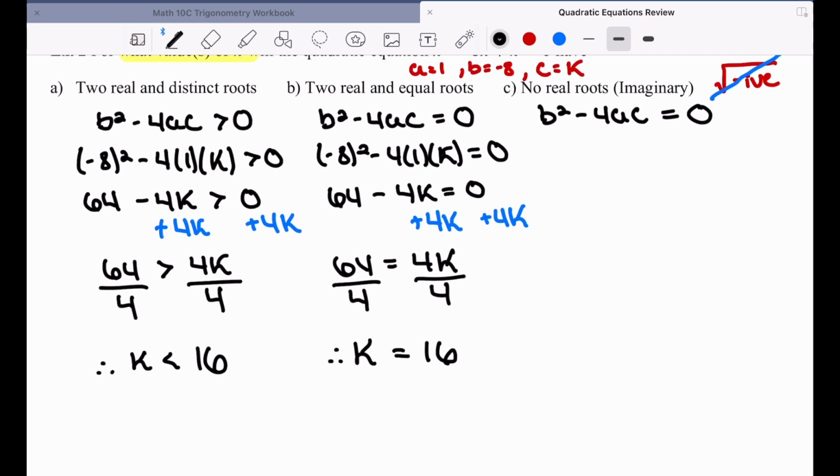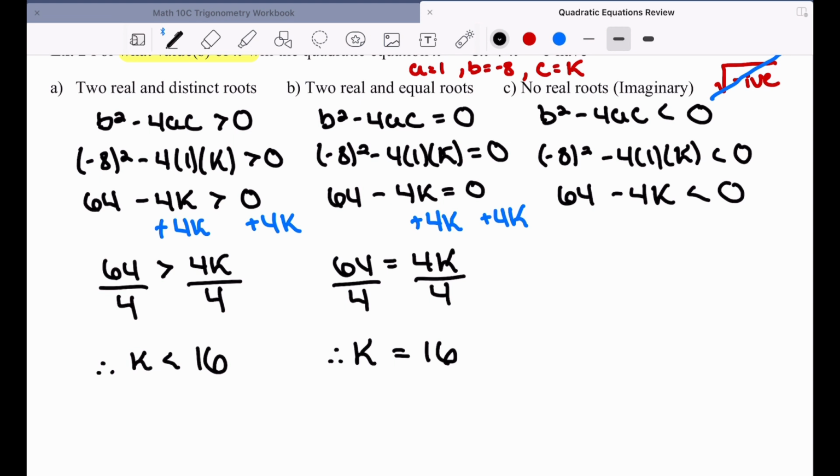Okay, and finally, we can plug in the numbers the exact same way as we've done before. So -8 squared minus 4, a which is 1, c which is k, this is supposed to be less than 0. We have 64 minus 4k is less than 0. I'm going to move the positive 4k over.